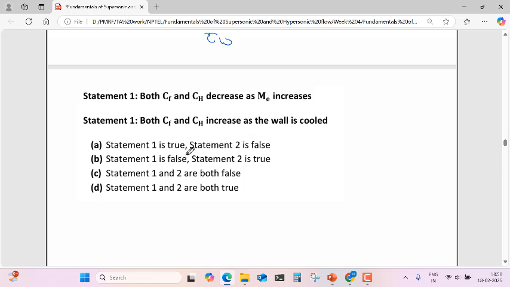Options: statement 1 is true, statement 2 is false; statement 1 is false, statement 2 is true; statement 1 and 2 are both false; statement 1 and 2 are both true. What will be the answer for this? One thing to notice, I already explained about CF. What will happen to CF if ME increases and if the wall is cooled?